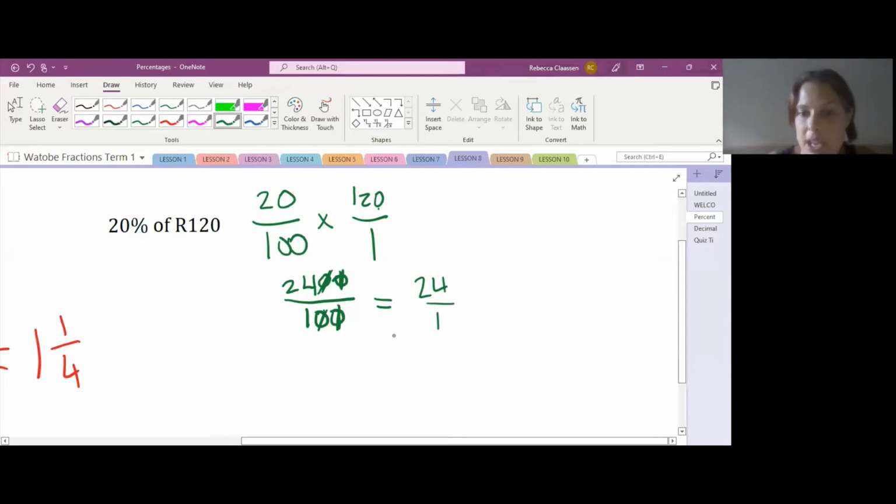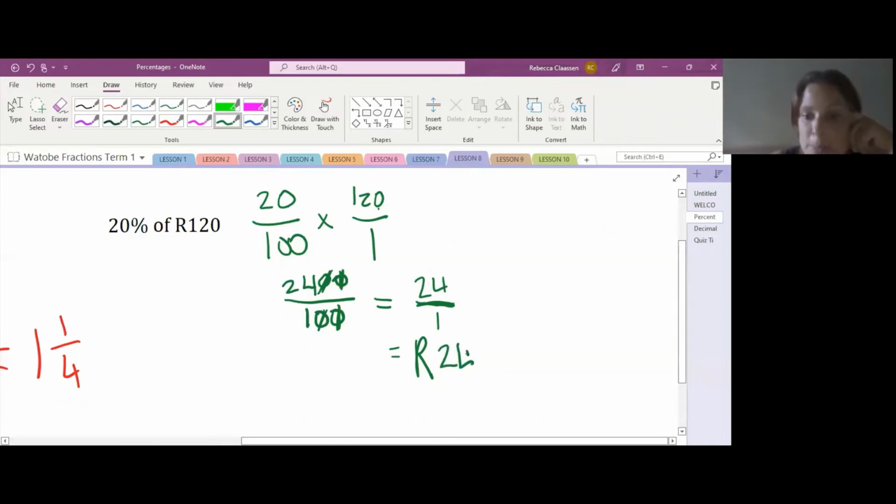Which is the same thing as? That's 24 wholes, hey? So how much money are you going to have? 1.24. Not 124. If you've got 24 over 1, then that means you've got 24 wholes.